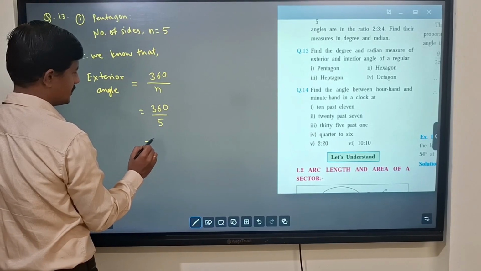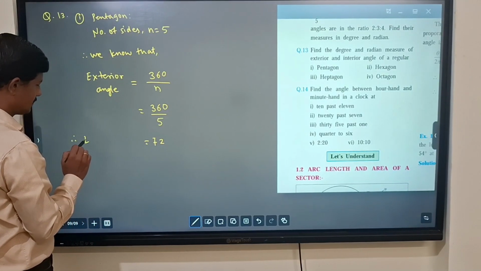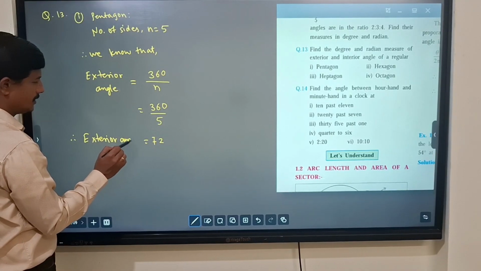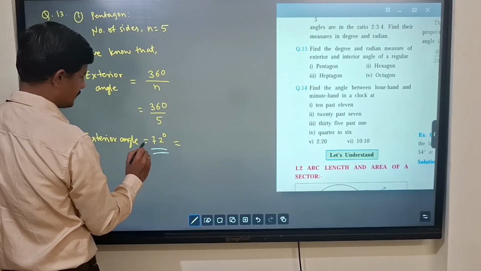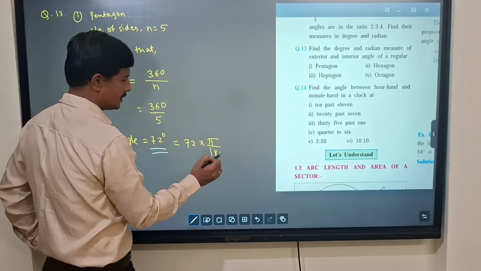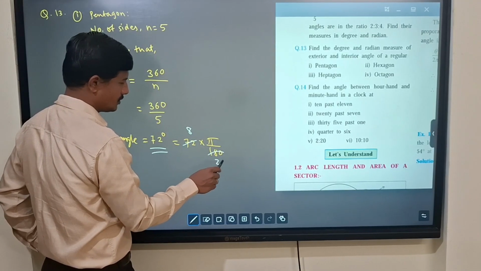So this becomes 5 72s are 360. So exterior angle in degree becomes 72 degree, and in radian 72 into pi by 180. 9 8s are 72, 9 20s are 180.